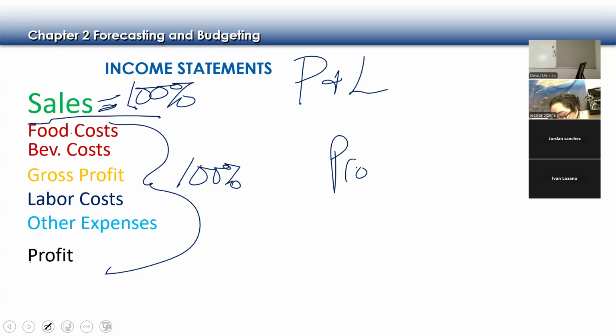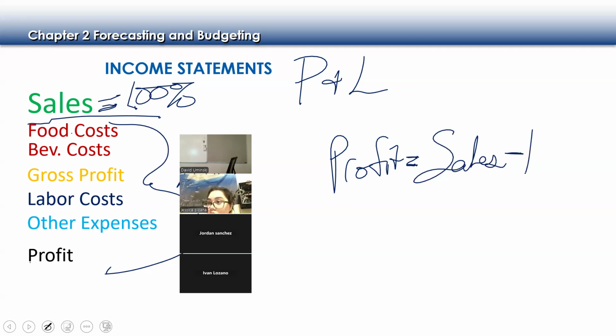Remember, what's our formula for profit? Profit is equal to sales minus what? Cost. I heard it. So profit is equal to sales minus the cost. Well, what if we want sales all by itself? We're going to do some algebra. If we want sales all by itself, what do we have to do?